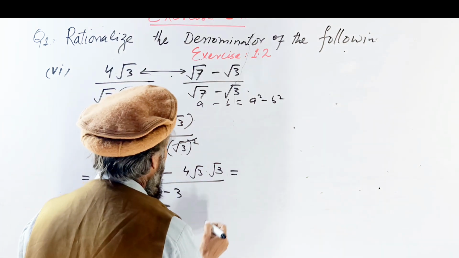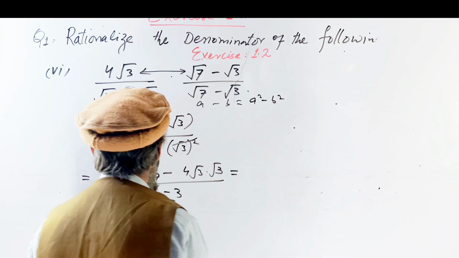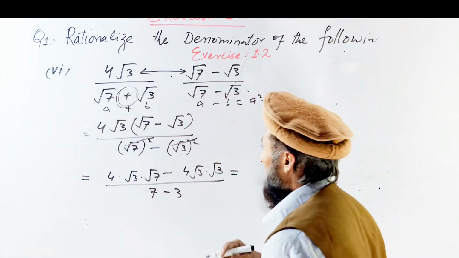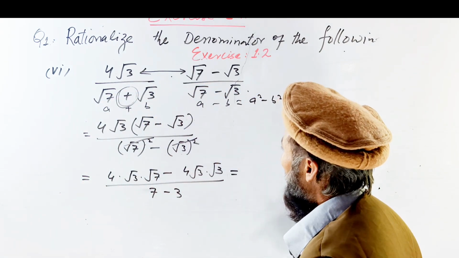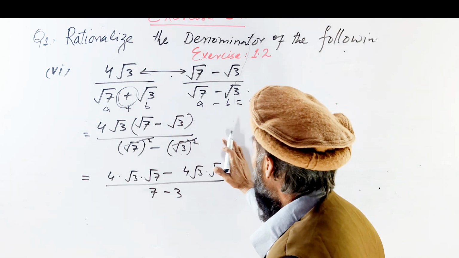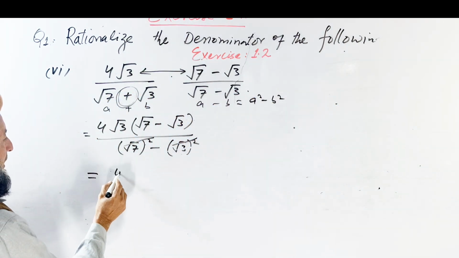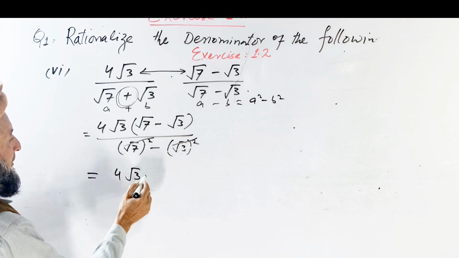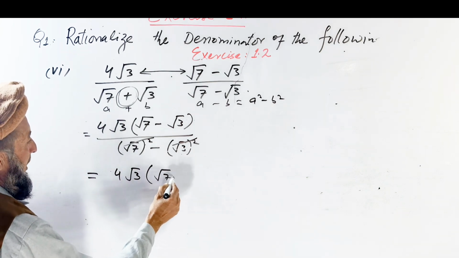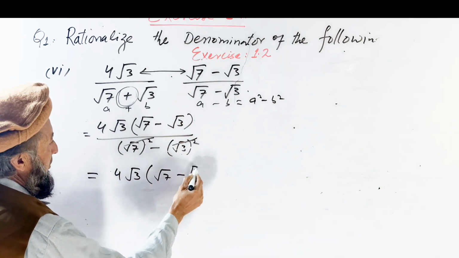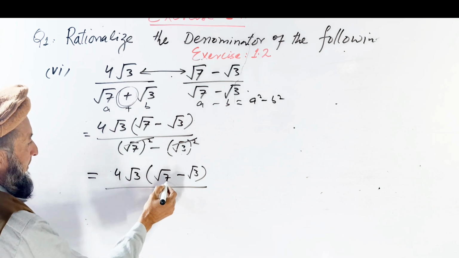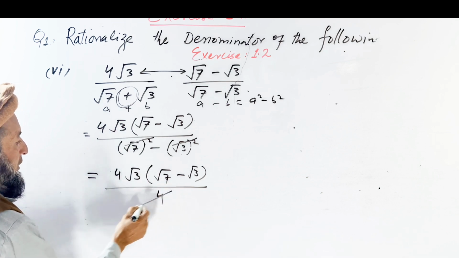Also we can write this equation if we simplify this one, and we take here root 4. We cannot multiply here because the denominator will be cancelled. Root 7 minus root 3 divided by 4. This 4 is cancelled.